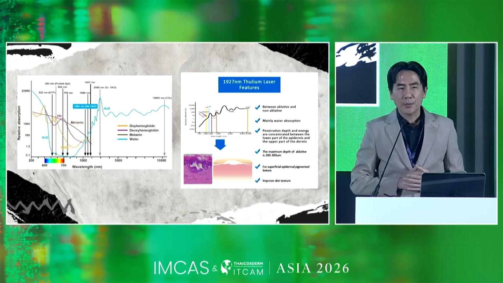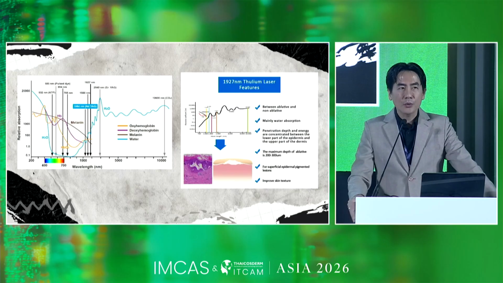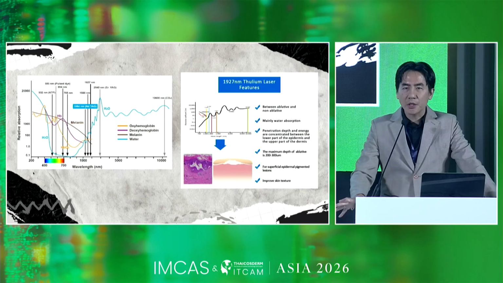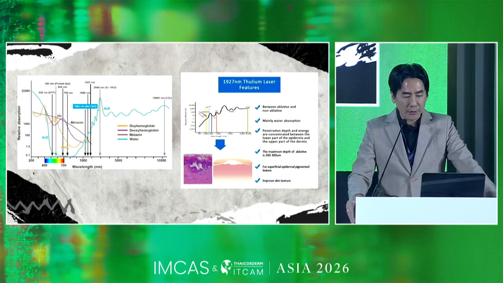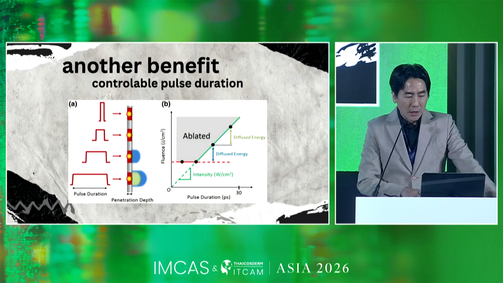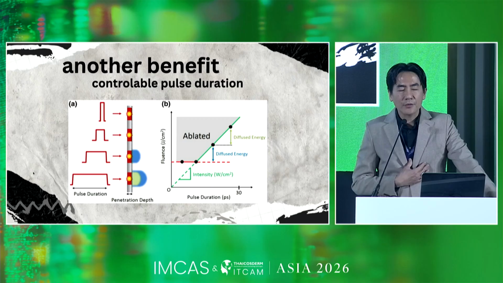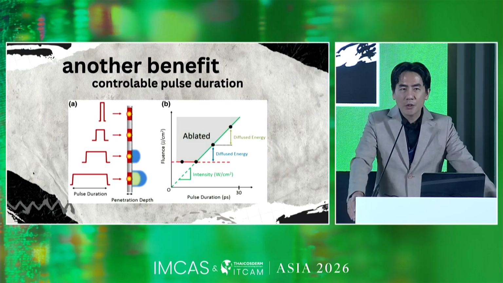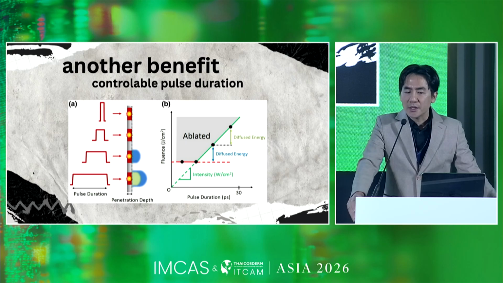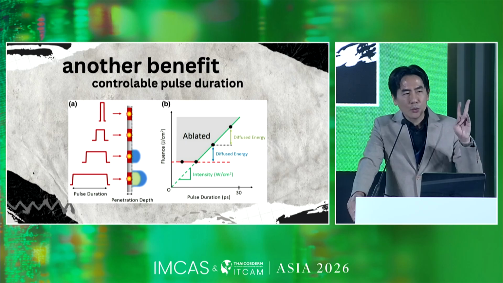So basically, using the thulium, we can target the basal membrane naturally. Why I say it's a very unique device is because the pulse duration is open. We know that when we play with lasers, we always play with two things.